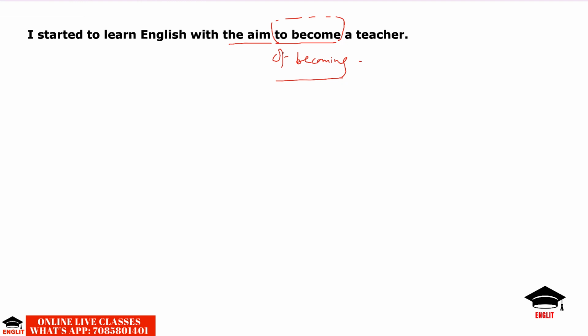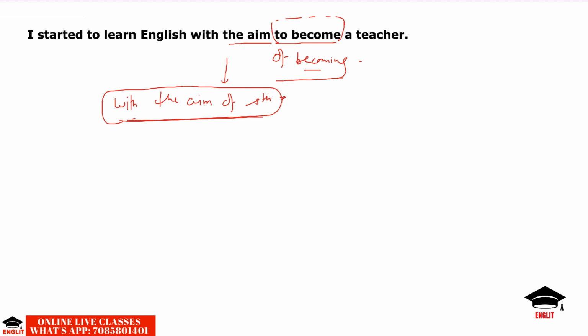So aim of something, like we have to use a gerund, aim of becoming a teacher. Or in other words, we can say that we always use with the aim of something. The entire phrase can be used separately in order to show the purpose of becoming or doing something.